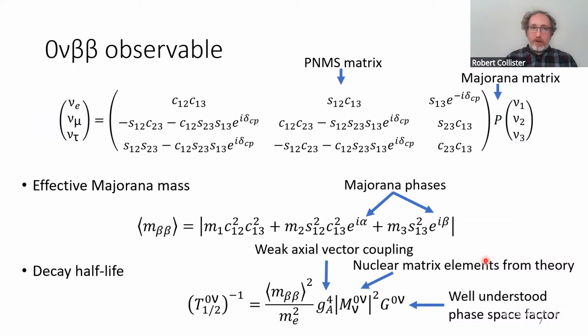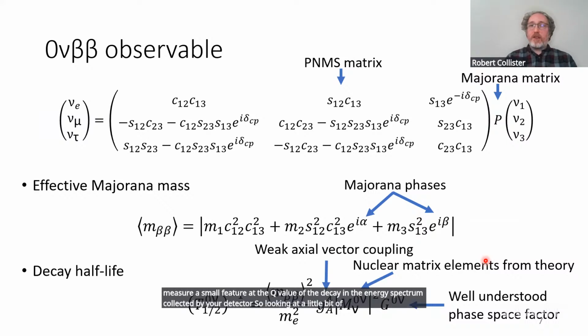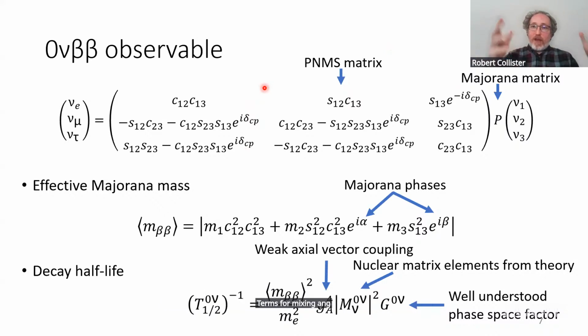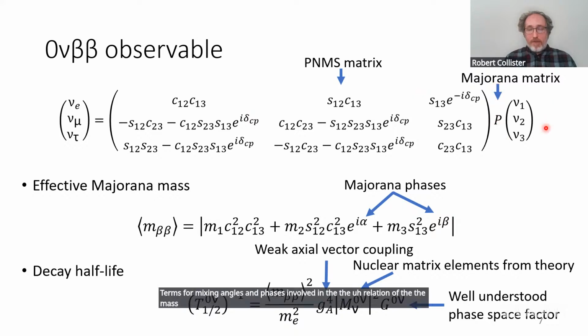So looking at a little bit of what the observable actually is, in this PMNS matrix, you've got a bunch of terms for mixing angles and phases involved in the relation of the mass eigenstates of the neutrinos to the flavor eigenstates.